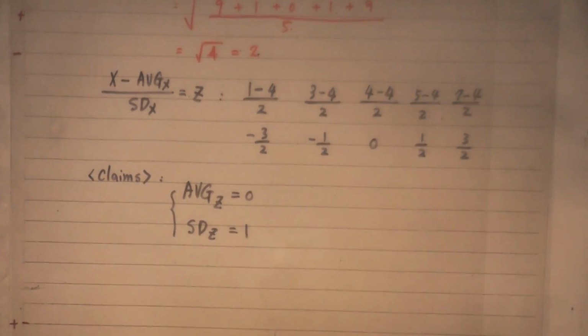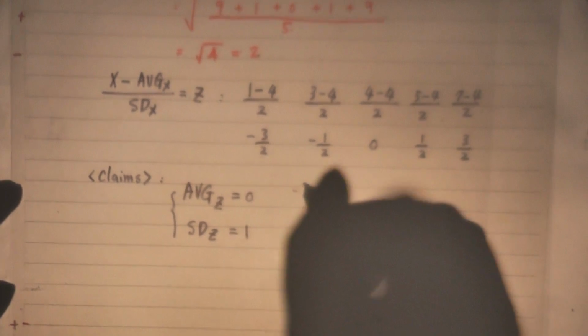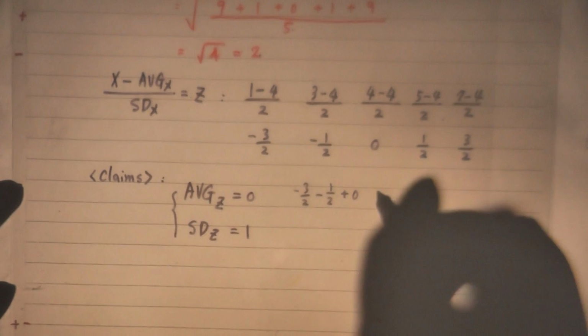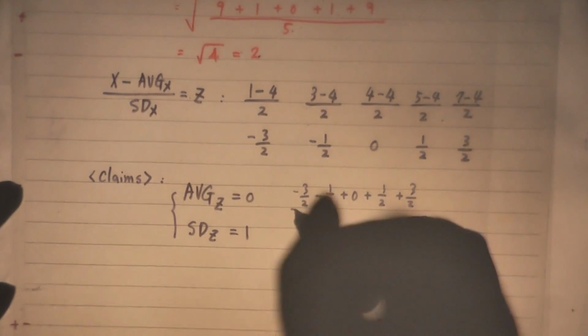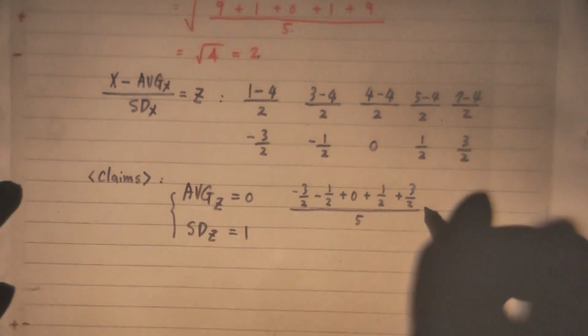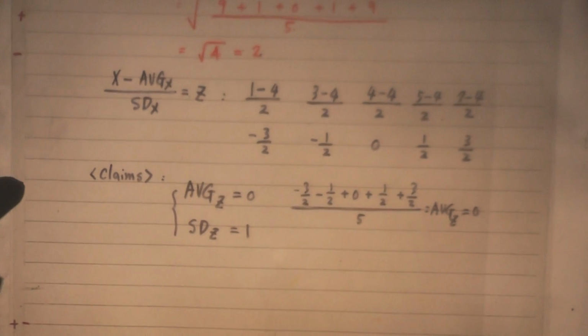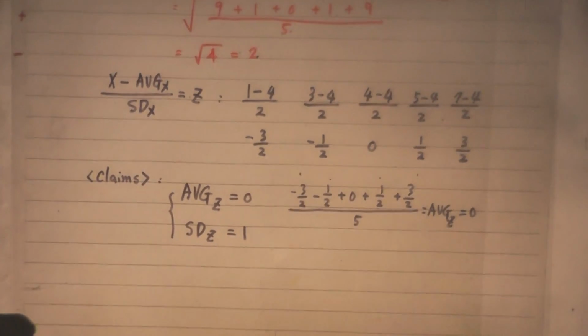For our example, let me do a quick check. Minus 3 over 2, minus 1 over 2, plus 0, plus 1 over 2, plus 3 over 2, divided by 5. That is the average of z, which is 0. Can you see that? This cancels with this, and this cancels with this, so it's 0.